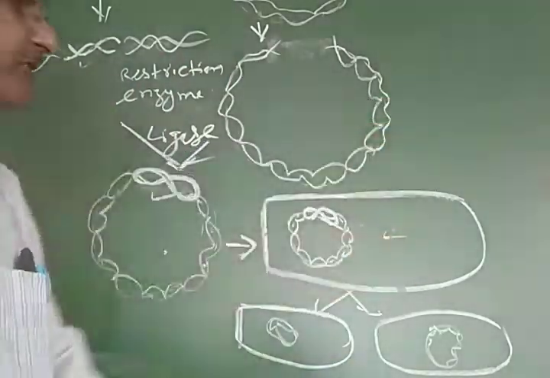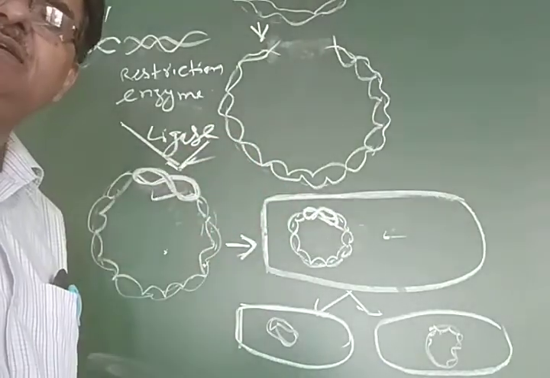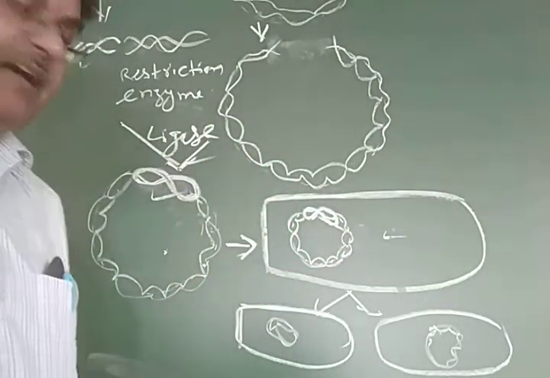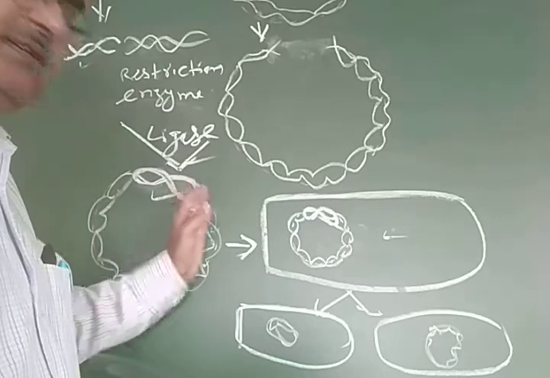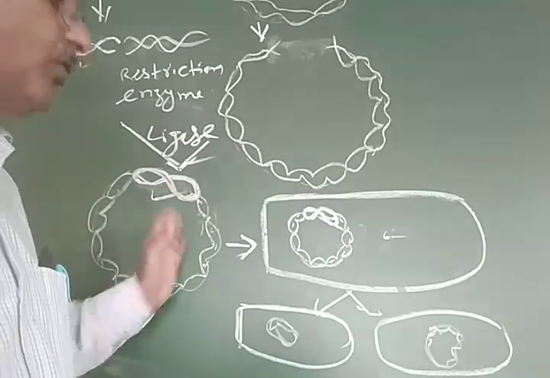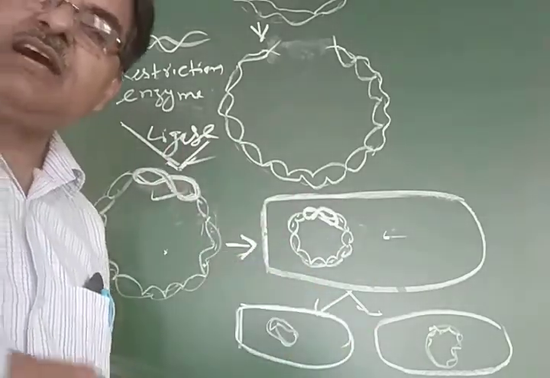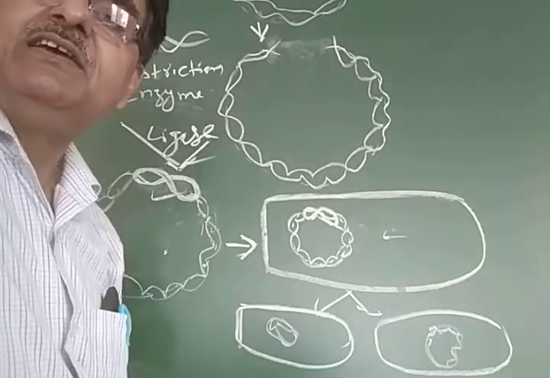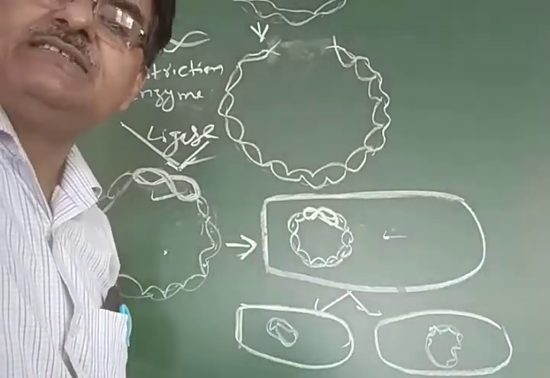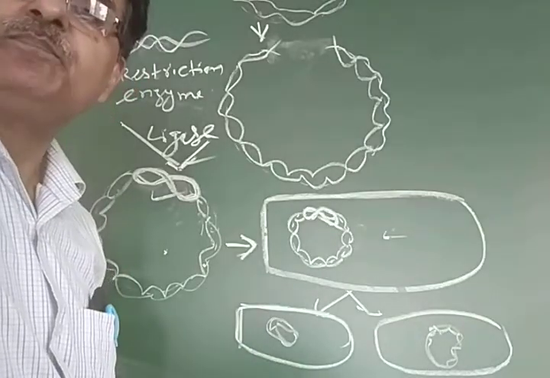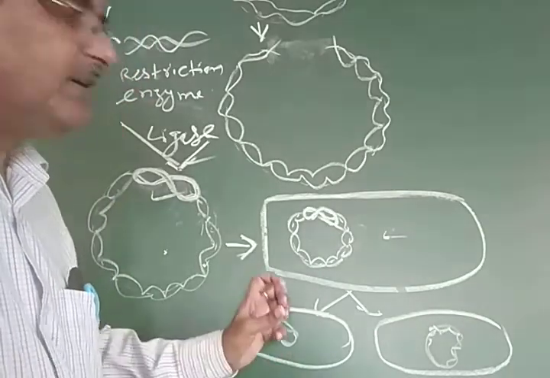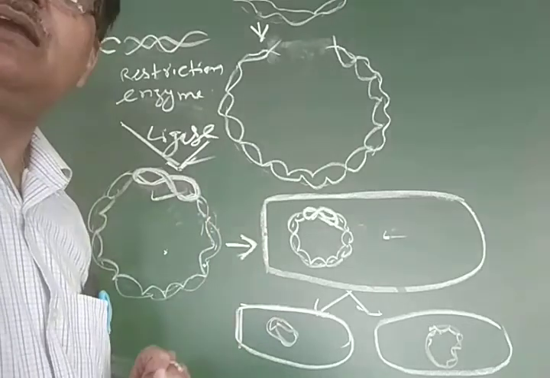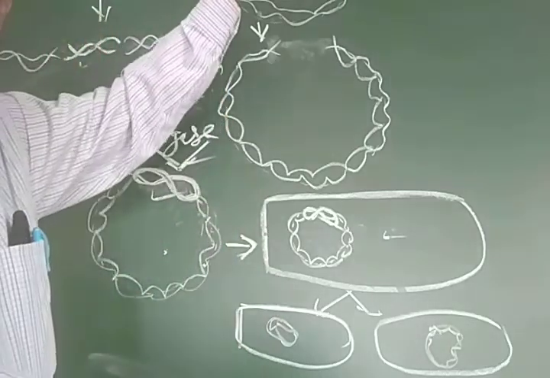They will grow because they have the ampicillin resistance gene. But the bacteria having no recombination or no transformation, the non-transformants, cannot grow in the medium having the ampicillin because they have no resistance against the ampicillin. So they will die. So there must be a selectable marker in the cloning vector.